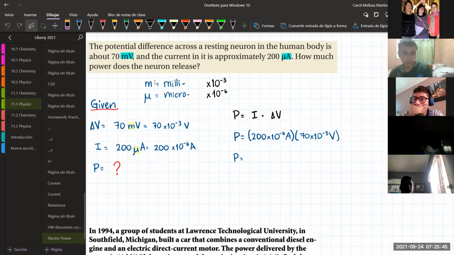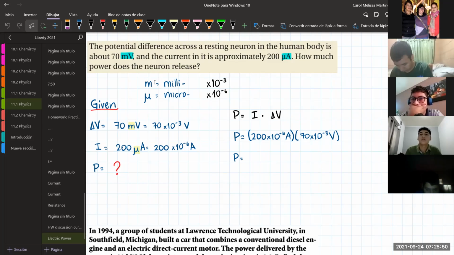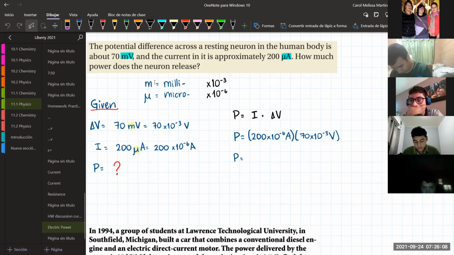Remember what ampere means? Coulomb per second. Okay, got an answer.